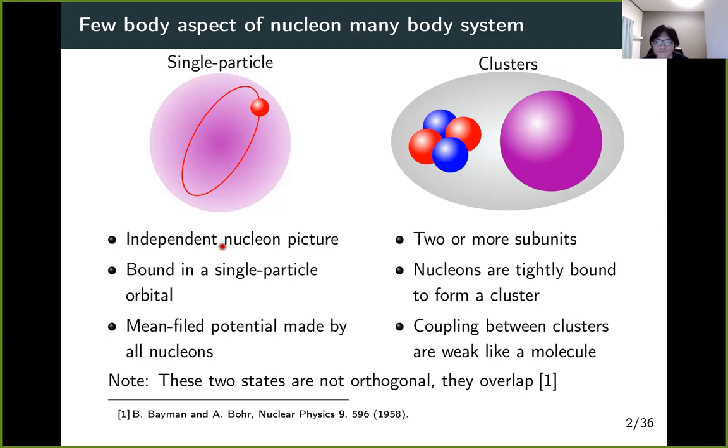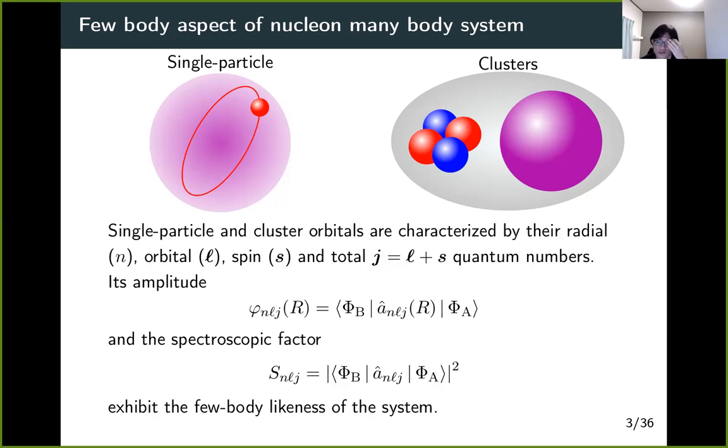These states can be characterized by their single particle or cluster wave function, and also by their quantum numbers: radial, orbital, and spin quantum numbers, and how they are coupled to make the total single particle or cluster quantum numbers.